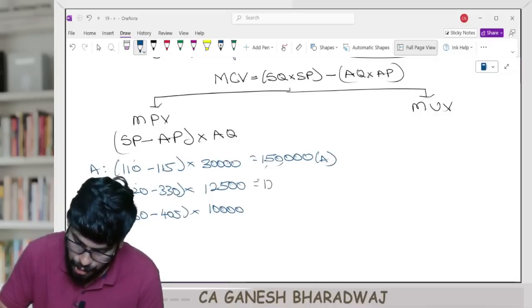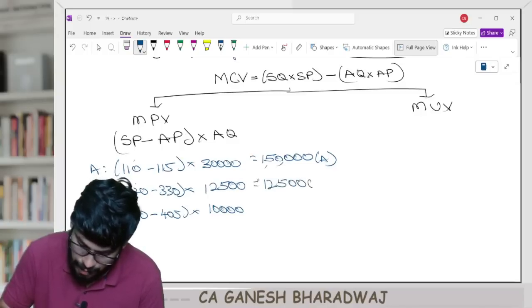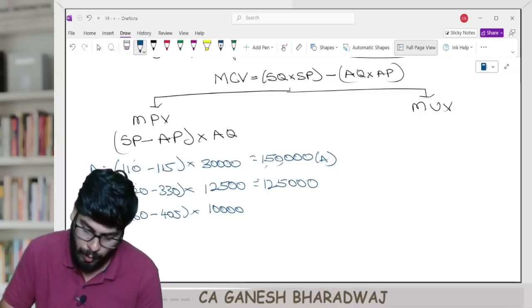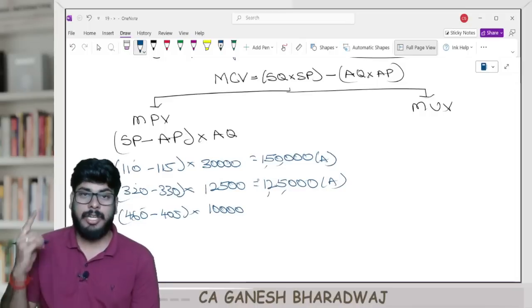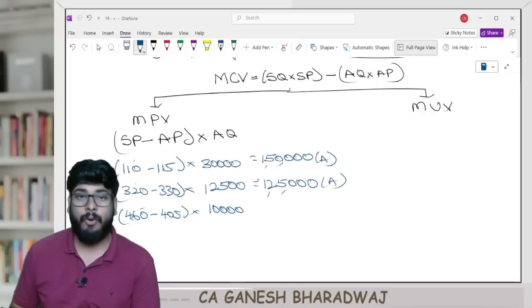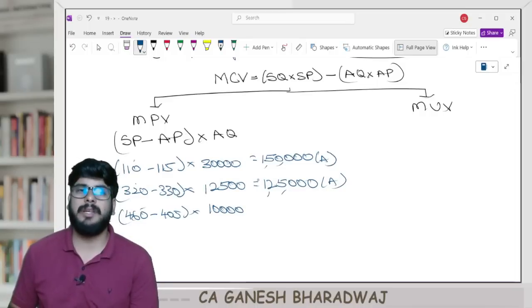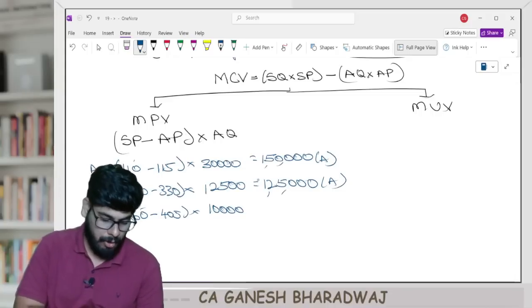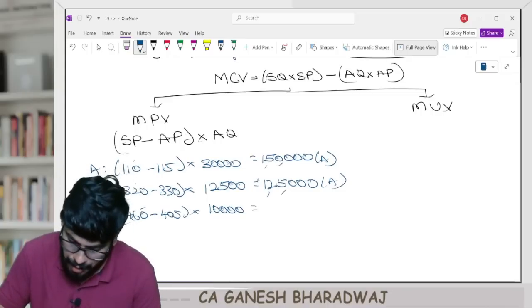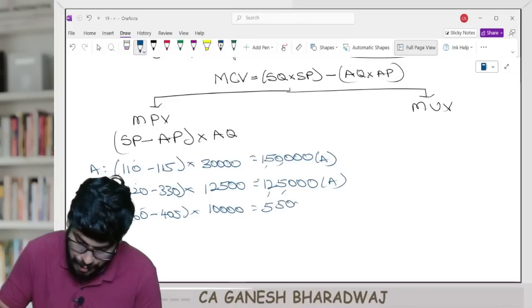That is 1,25,000, once again adverse. Whereas for product C, we are allowed to incur 460 rupees, while you've ended up incurring only 405. You've saved 55 rupees on each of the 10,000 units. That is 5,50,000 rupees of favorable variance. Are you clear with this?